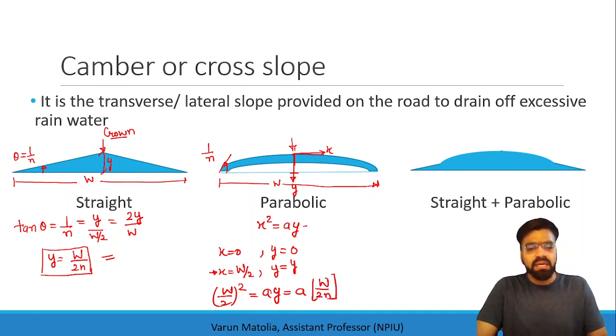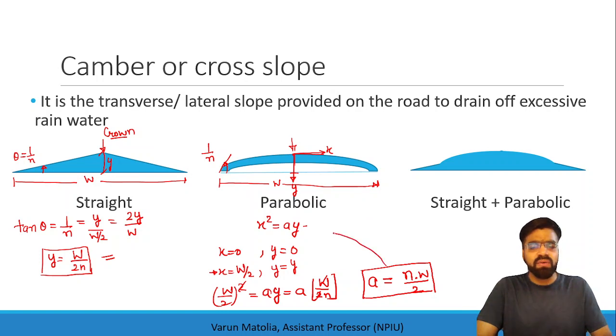So you can cancel out w/2 from this equation and calculate the value of a. Here a is equal to n·w/2.